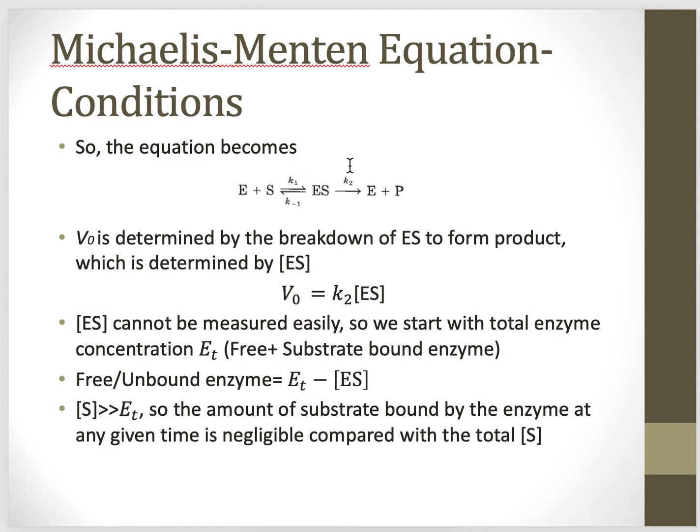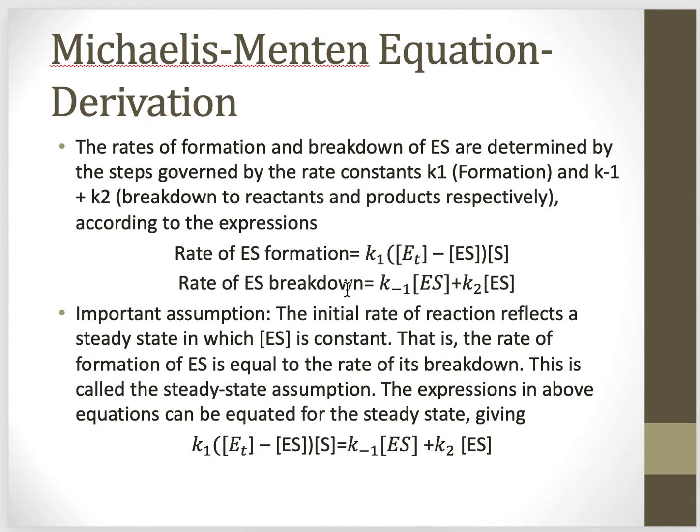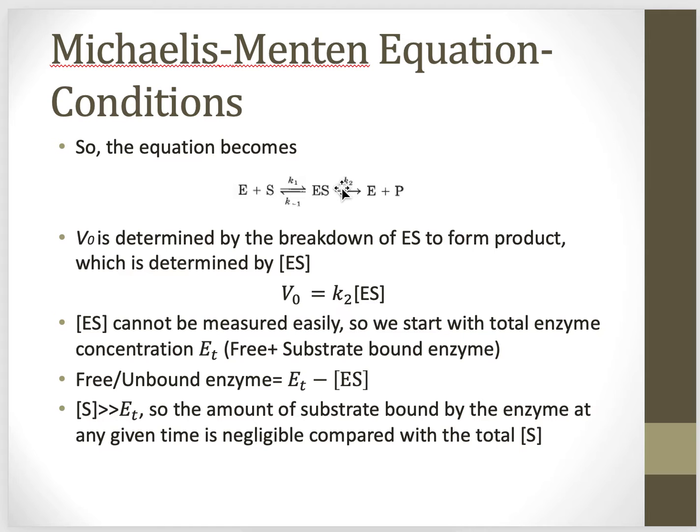So if you want to calculate the rate of the ES breakdown, we have to consider both these steps. In that case, the rate of the ES breakdown will be the sum of the rate of this step and the rate of this step. So it becomes like this: rate of ES breakdown equals K minus 1 into ES plus K2 into ES. Constant into ES, this constant into ES.